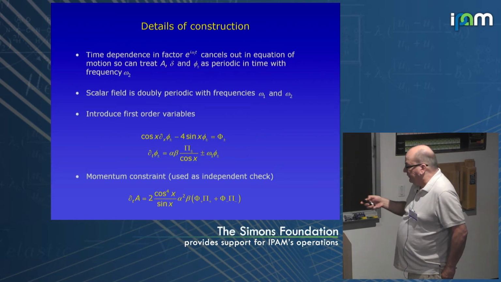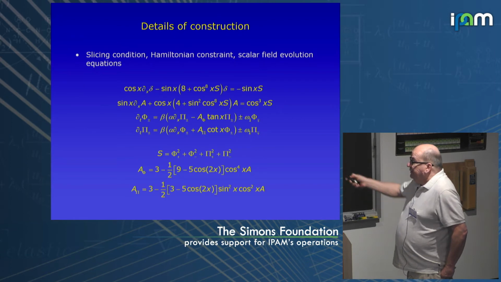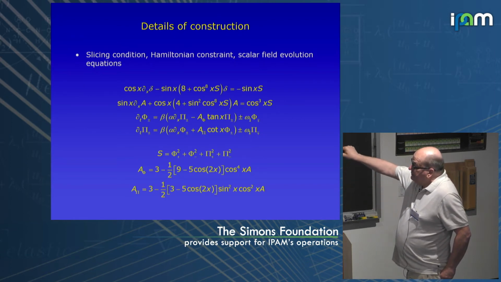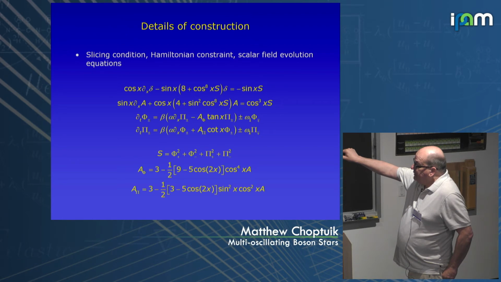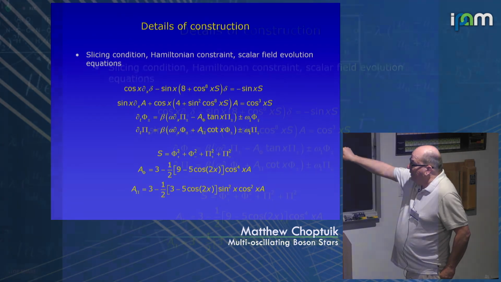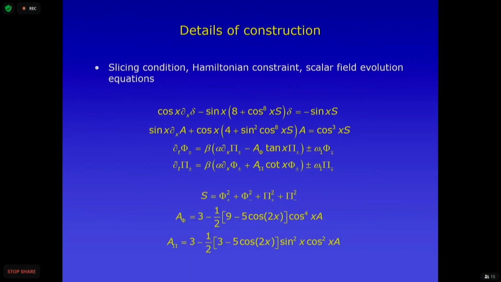It involves the time derivative of A. And then I get a slicing condition, and a Hamiltonian constraint as usual in the diagonal Schwarzschild-type form of the metric that we've adopted, and then a first order pair for the scalar field, where some auxiliary functions have been defined here.